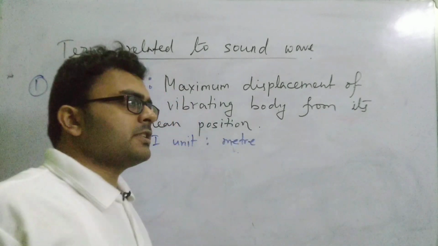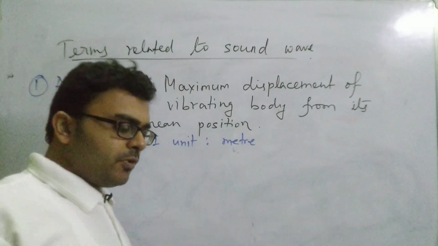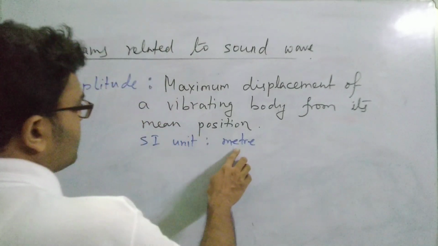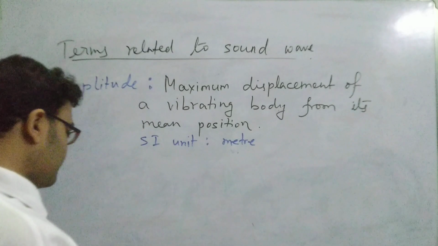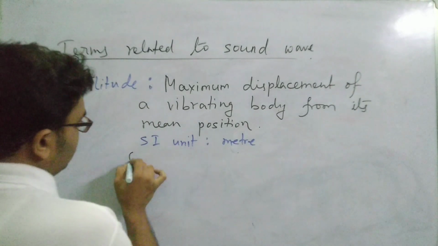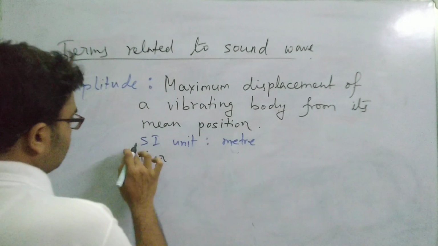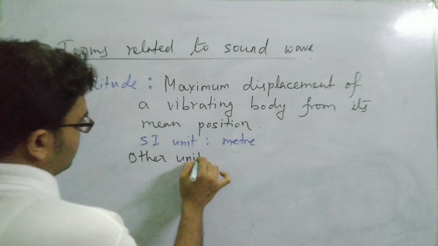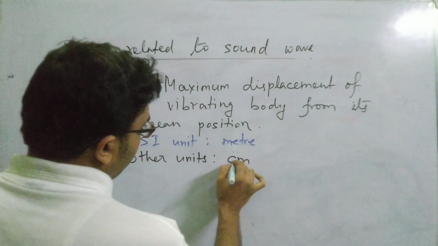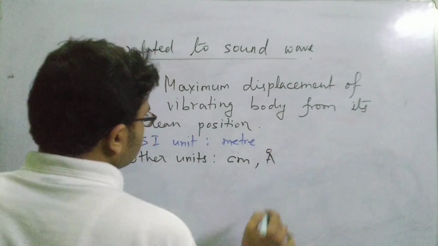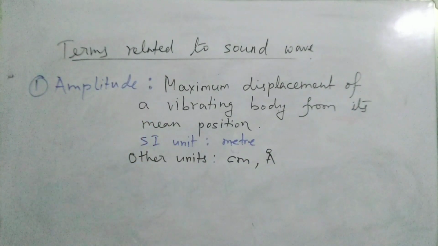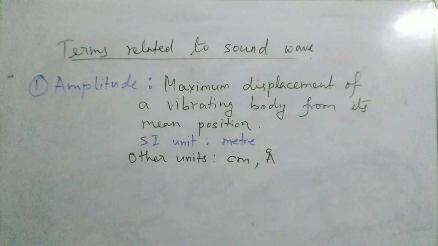For very small vibrations, very small amplitude, we can also use units like Angstrom. So the other commonly used units are centimeter and Angstrom, and this is the symbol for Angstrom. Generally meter is not used because in most cases the amplitude is very small, hence these units are used.